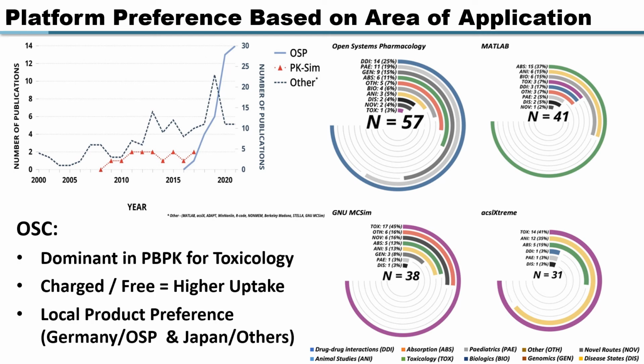In general, the PBPK applications with open source code platforms were dominant in the area of toxicology, and also there were some local preferences. Data are not shown. For instance, in Germany, for a German product, open source pharmacology PK-Sim, and similar trends were also observed in Japan.